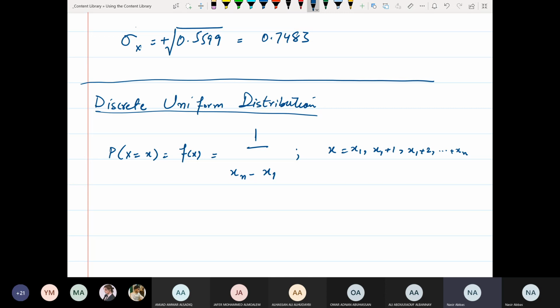Where x is starting from x1 and then x1 plus 1 and then x1 plus 2 and all the way up to xn.